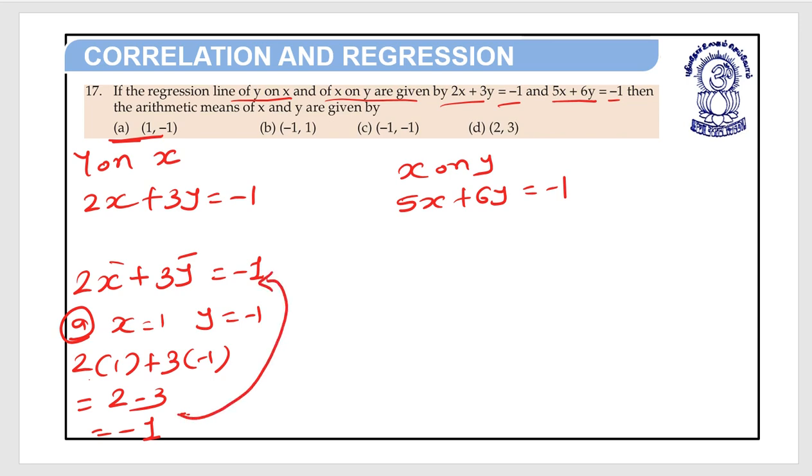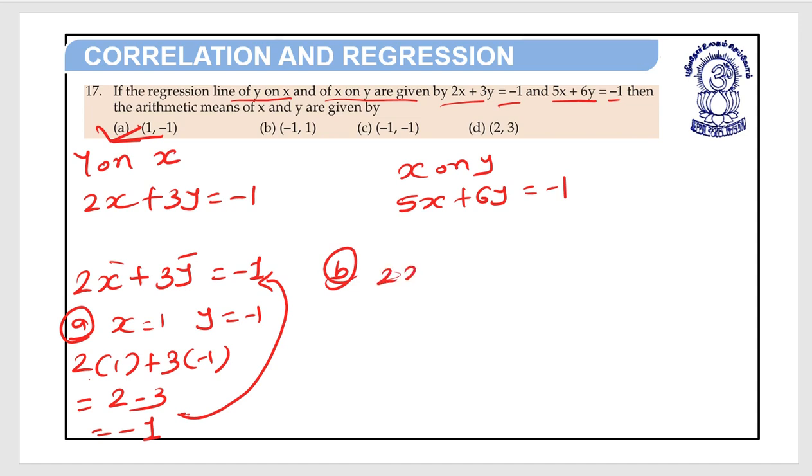Okay, so x is equal to 1 and y is equal to minus 1, option A is the right answer. Okay, if you want to check the other options, you can.